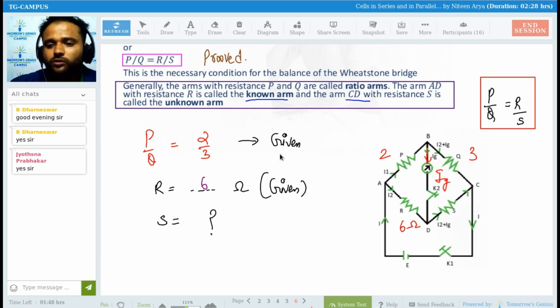Or sometimes they give you P by Q equals R by S and ask you to find the current at the bulb or any particular instrument in between. Automatically the current is going to be zero because that particular condition is fulfilled: the Wheatstone balance condition, more importantly, the Wheatstone equilibrium condition.